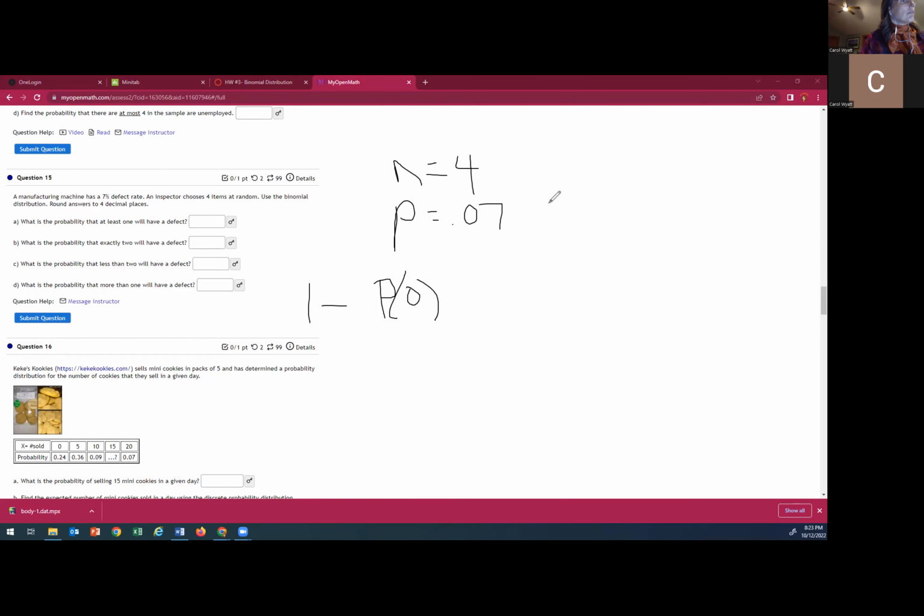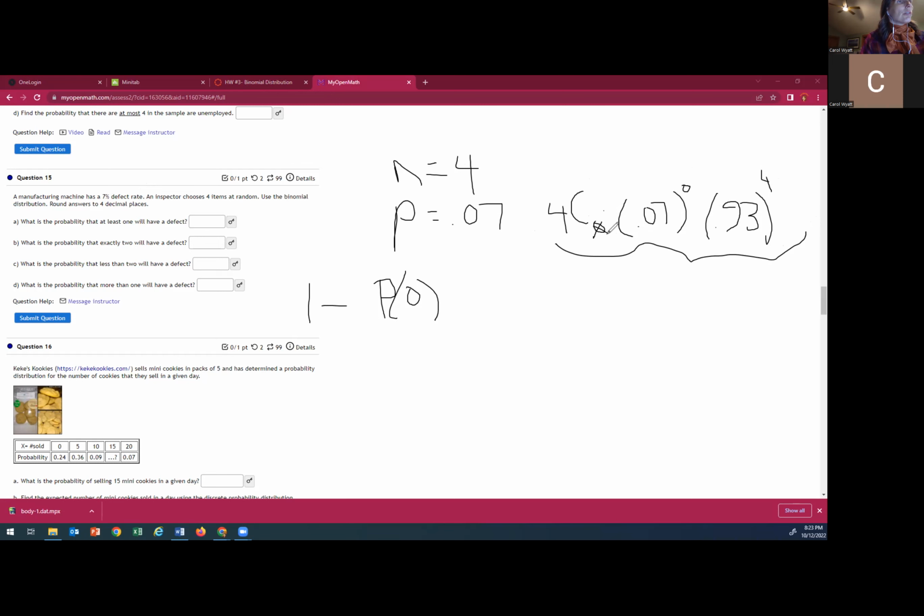And none defective is 4 choose 0, which is 1, times 0.07 to the 0 power, so we have 0 defective, times 0.93 to the 4th power. Okay. So 1 minus this answer that we get here.